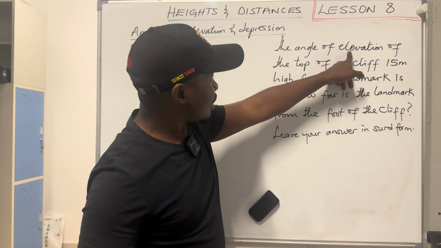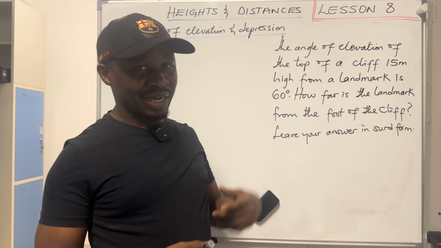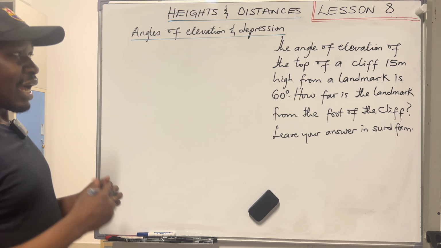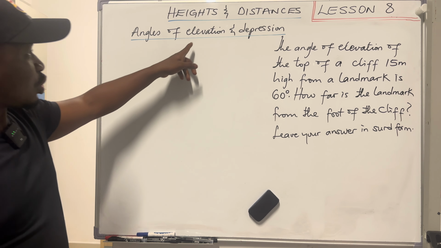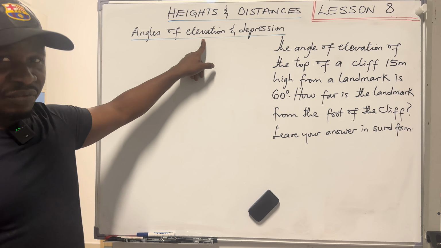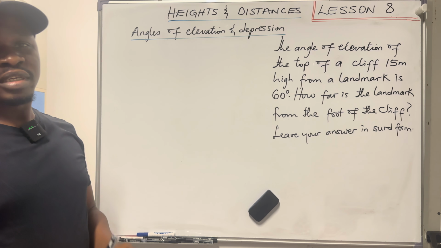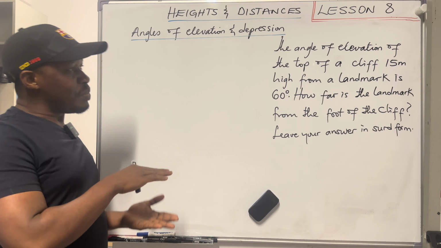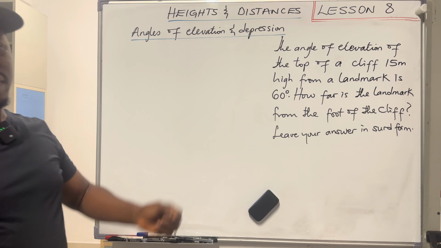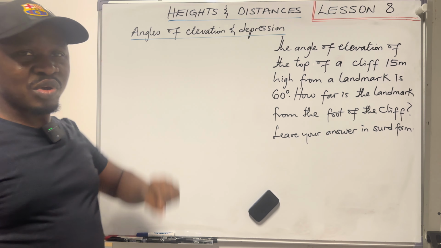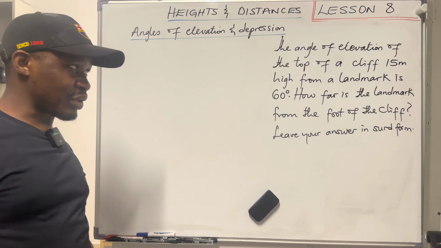The angle of elevation of the top of a cliff. I just told you that for angle of elevation, the angle is located below what? The object or a particular location.